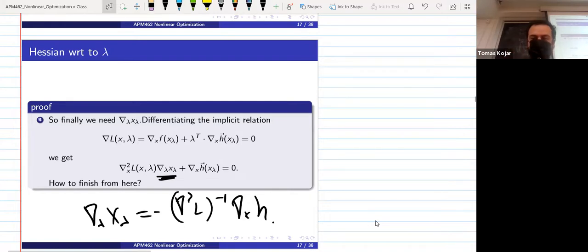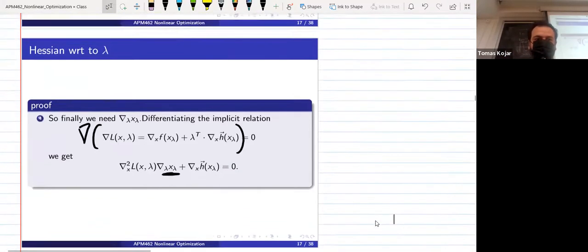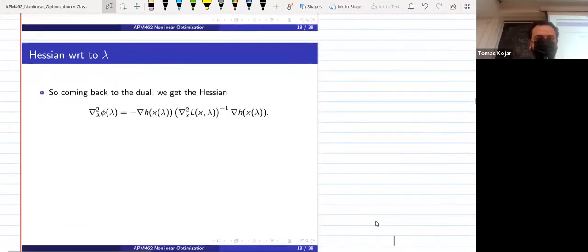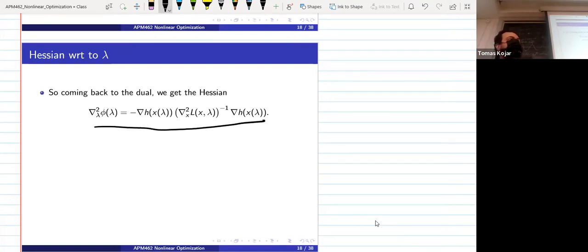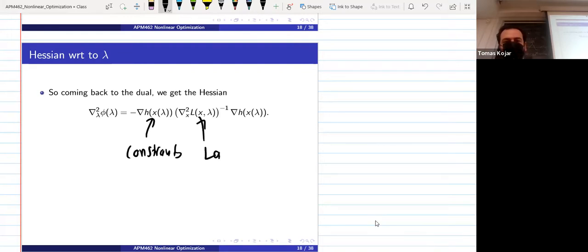All right, so we found the Hessian. So this is the Hessian of the dual. Beautiful formula. You might see it if you go into numerics or optimization or machine learning or whatever. Namely, these are the constraints, and this guy is the Lagrangian dual.